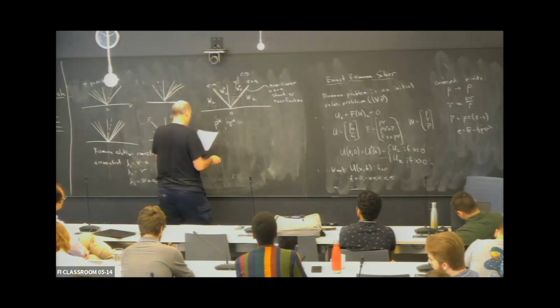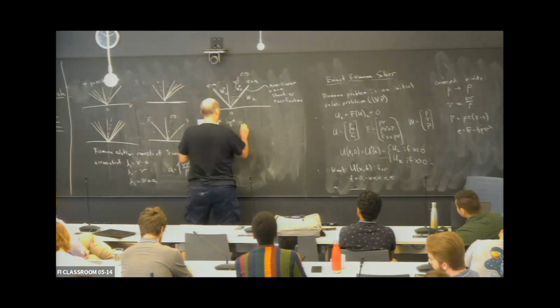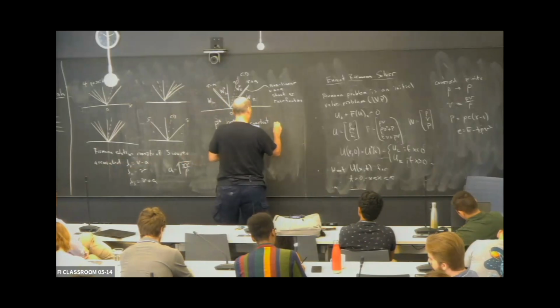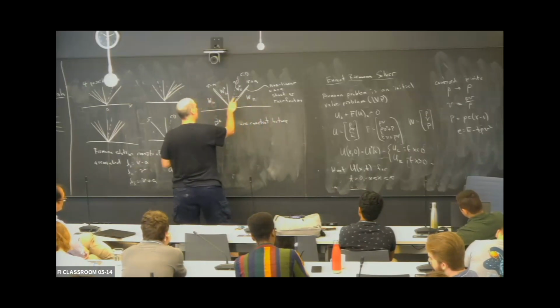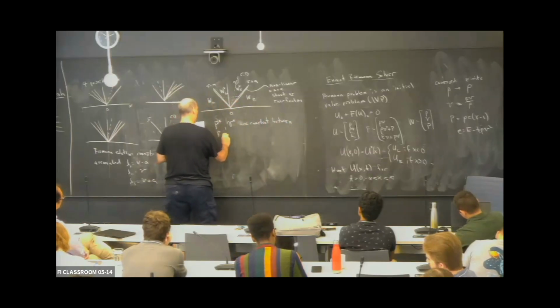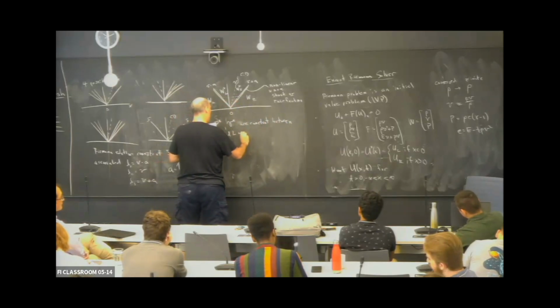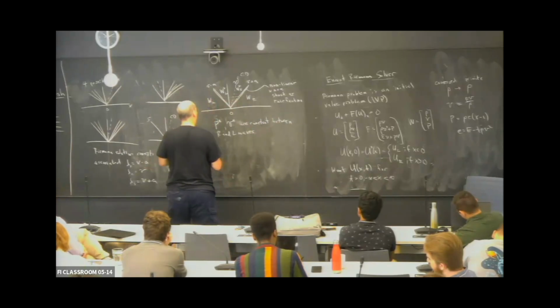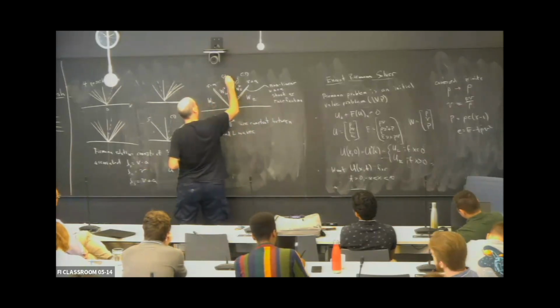So these values are constant between the right and left waves, between these waves. Okay, and this is called the star region.